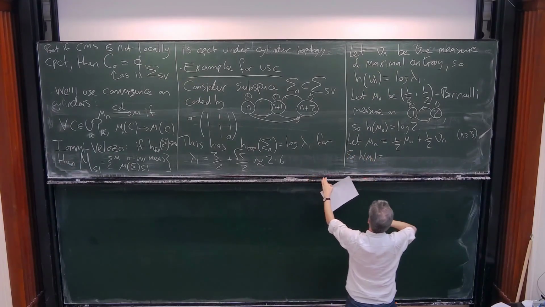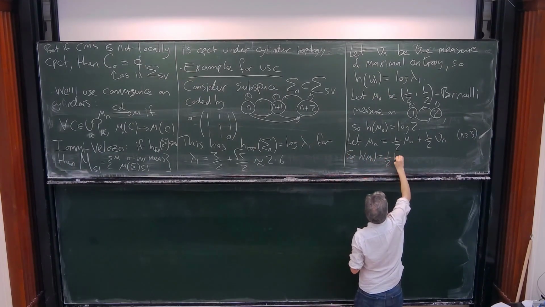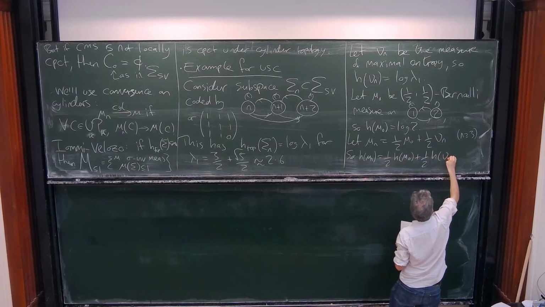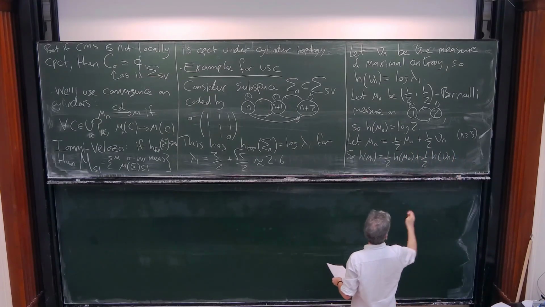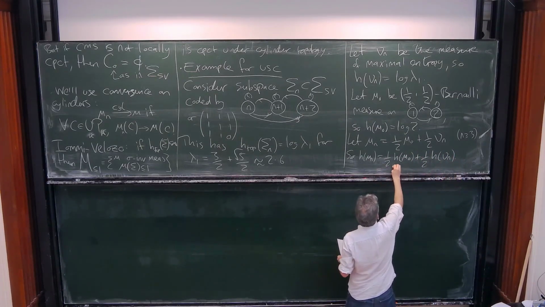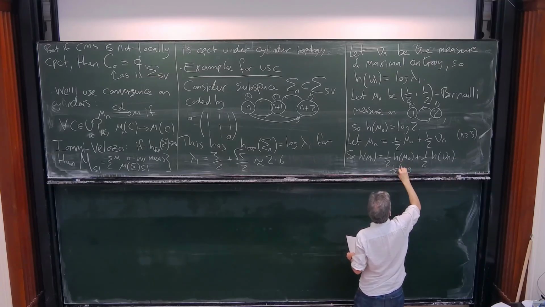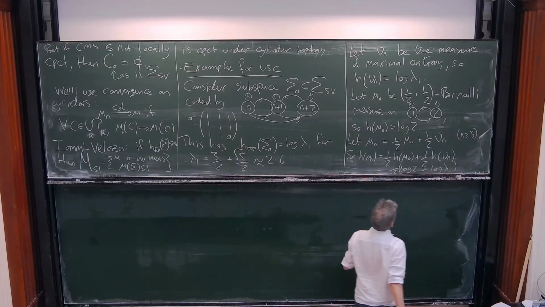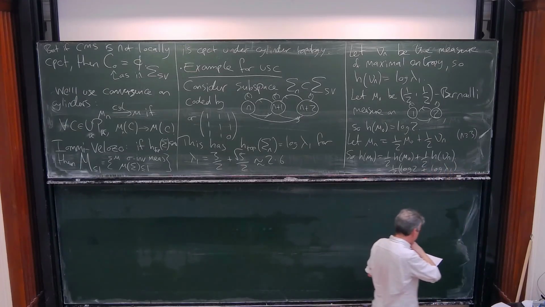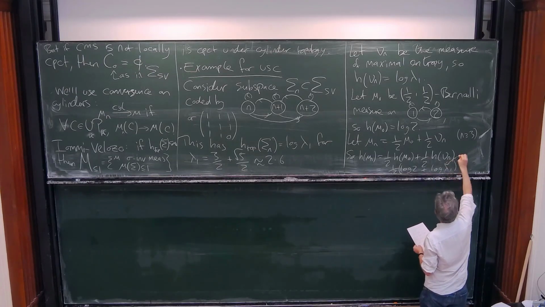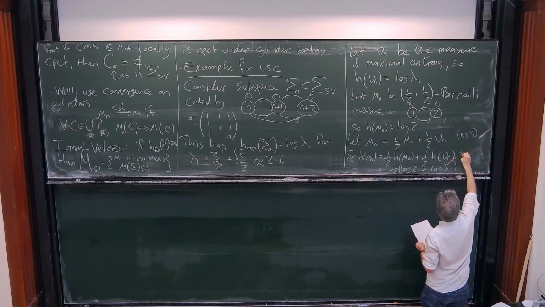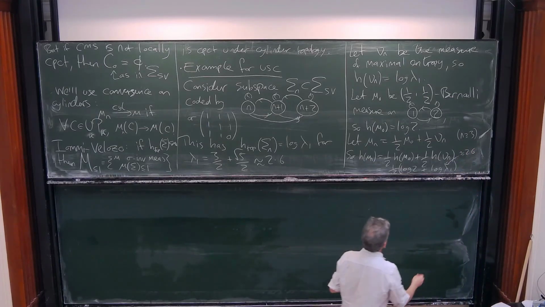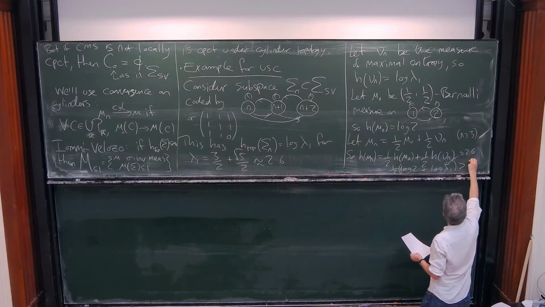That's going to be equal to a half times the entropy of mu 0 plus a half times the entropy of nu n. And that is equal to a half log 2 plus a half log lambda 1. Remember this is approximately 2.6. In particular, this number here is greater than log 2.